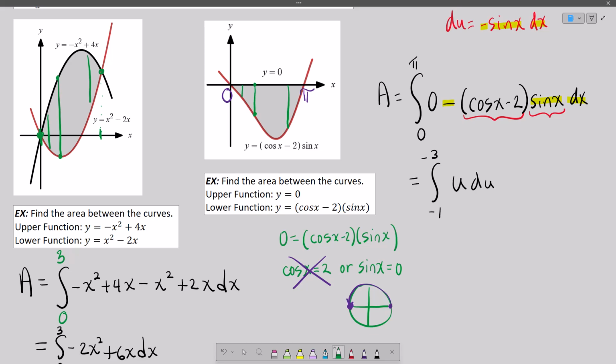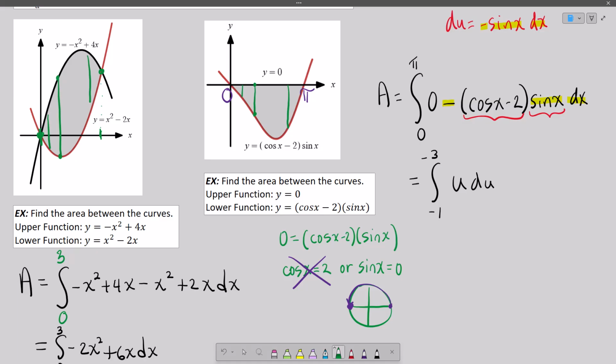Thickness is dx. In a couple of slides, when we get to horizontal integration elements, the thickness will be dy, and the height is sideways, so we'll do the right curve minus the left curve.